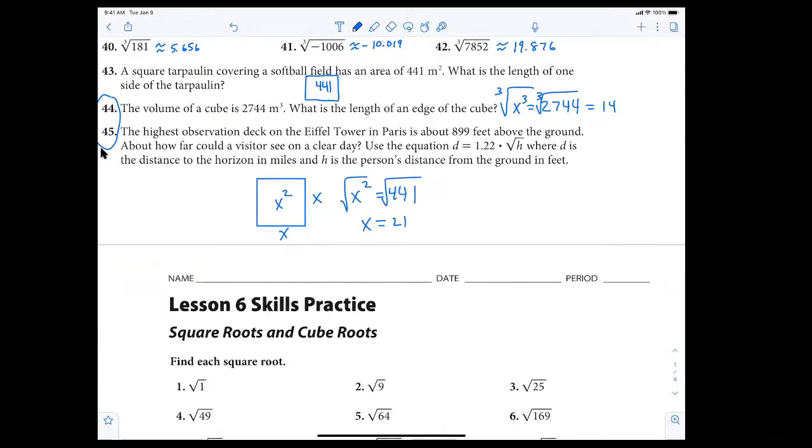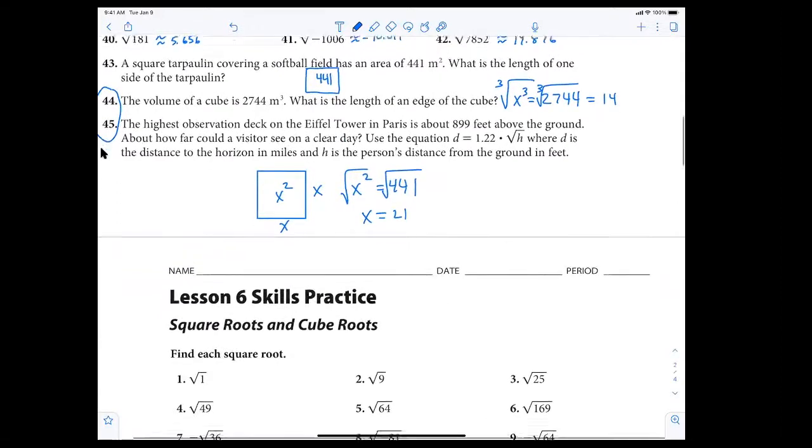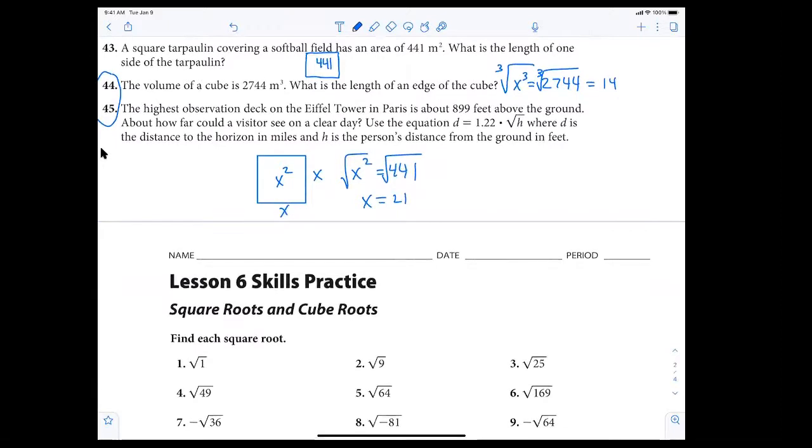All right, now let's take a look at 45. Tremble, were you able to do that at all? All right, so what do you think? Reagan's got it. I got 36.57. That's what I got. For those of you who are not sure about this, 899 feet above the ground is the height, correct? Where D is the distance to the horizontal.